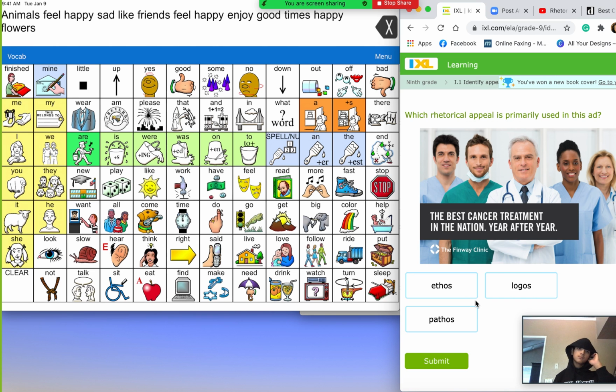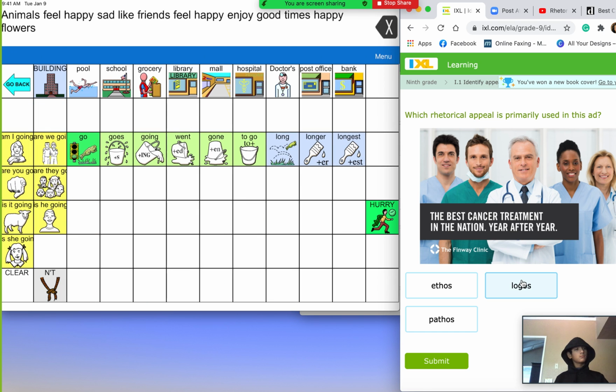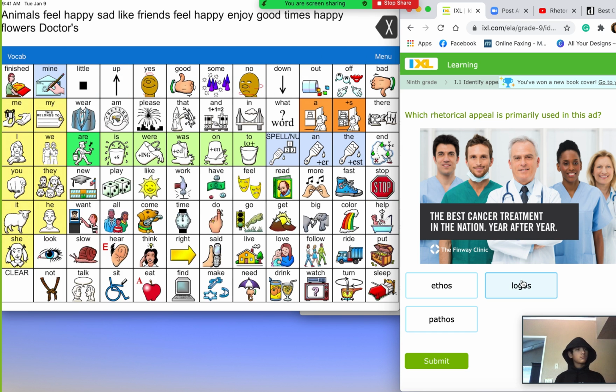All right, now let's see. Okay, this is going to be a little bit different. What do we see here? Doctors, yeah. They're doctors, and what do they generally do? They help, right? So you might be able to find something in here.